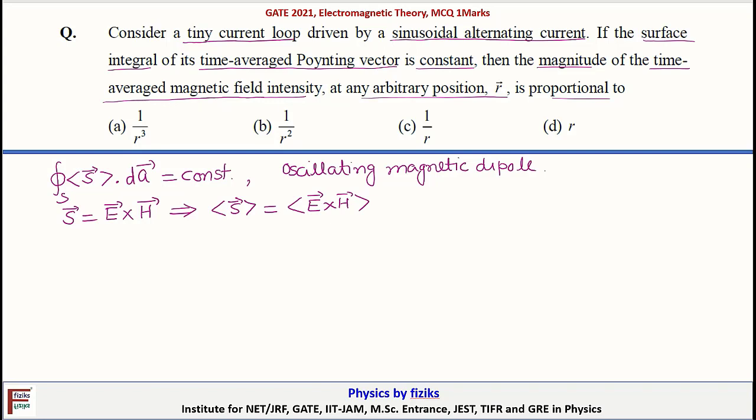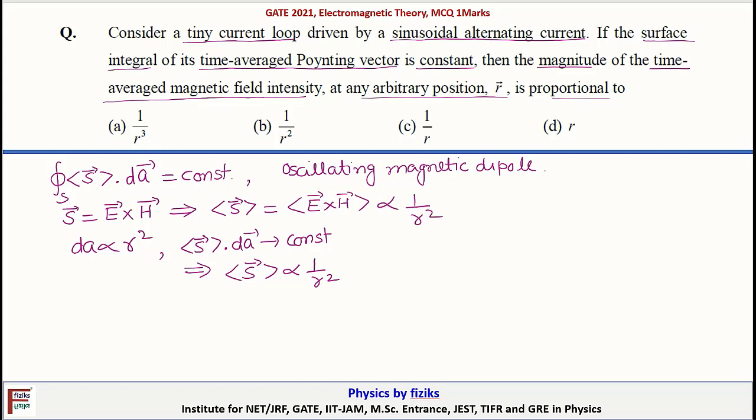Now we know that this dA is proportional to R square. So S dot dA, if it should be a constant, it means this time average S should be proportional to 1 by R square.